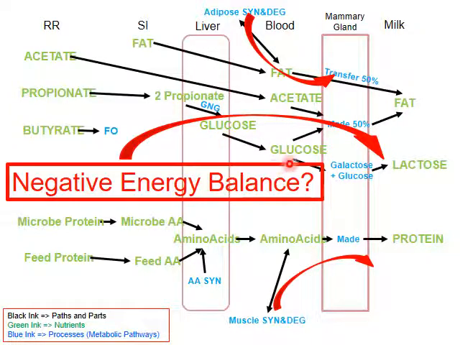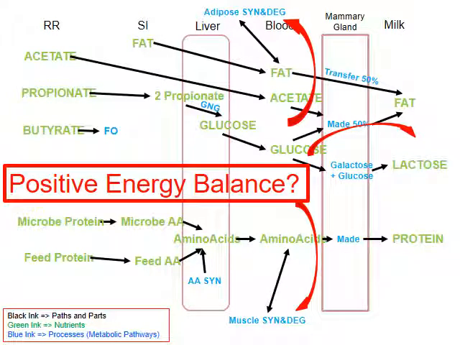So our efficiency goes up. So milk produced per pound of intake, but we're also getting milk calories, milk components from two other sources, so not necessarily accounted for by energy.